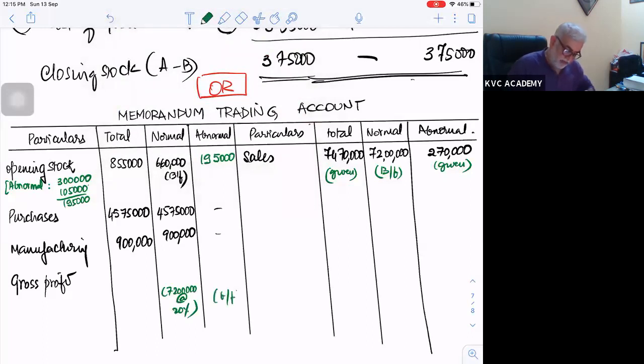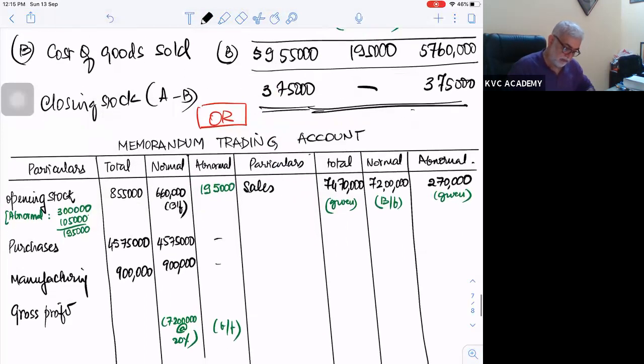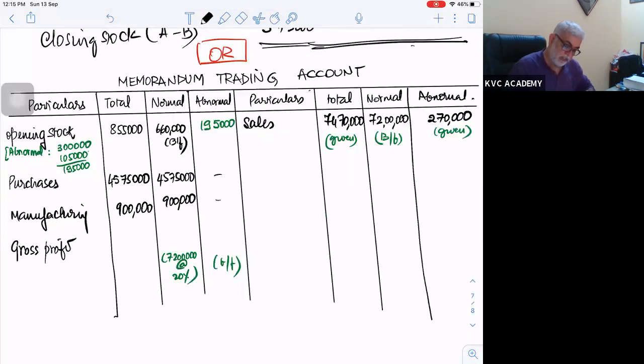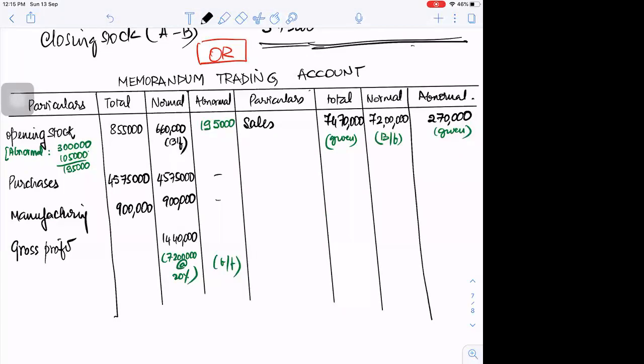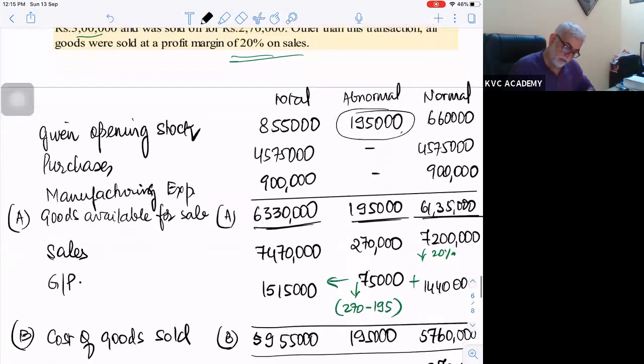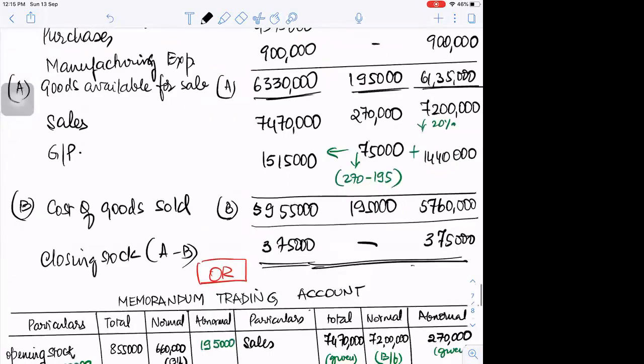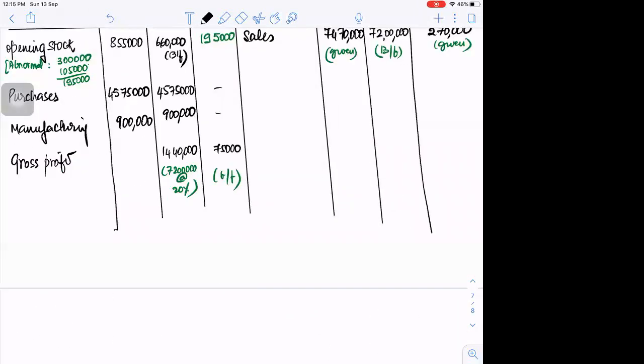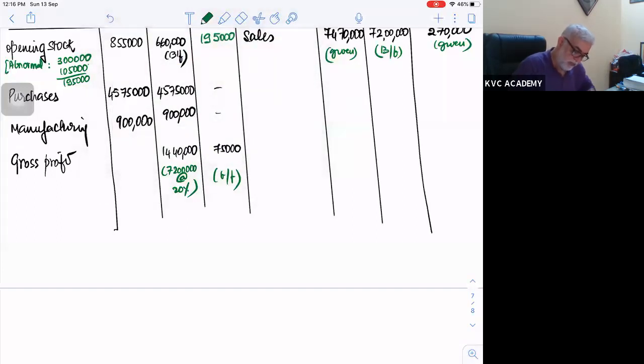For this one, it will be the balancing figure. 72 lakh into 20%, you said how much? 14 lakh 40,000. 270 minus 195 is how much? 75,000. So this one would be 1440 plus 75, which is 1515.